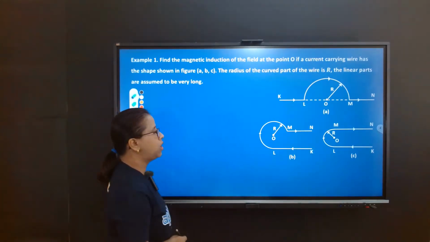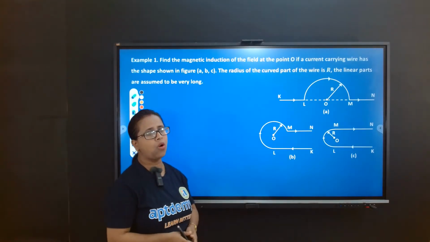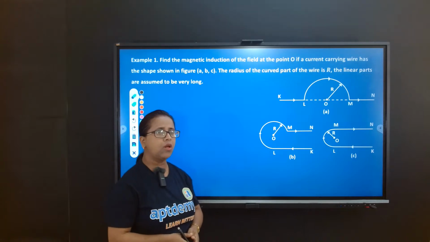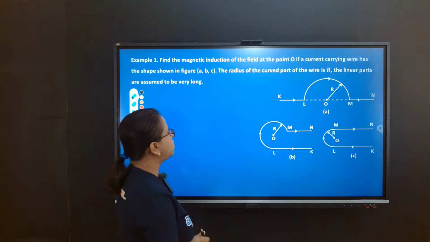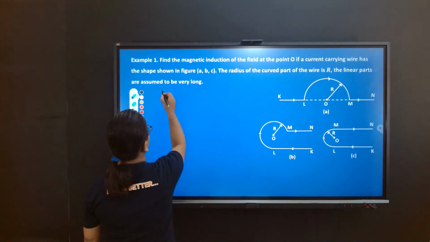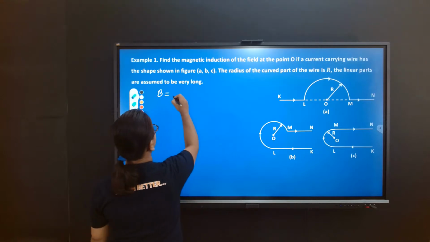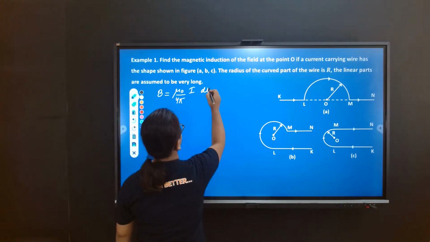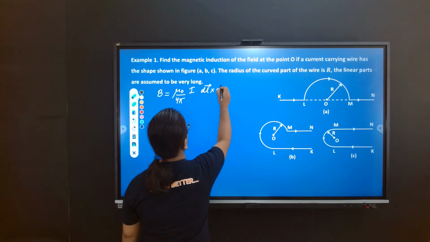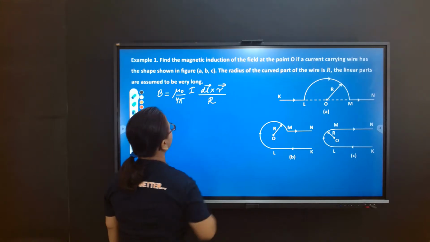Now let us first recall the Biot-Savart's law. The Biot-Savart's law basically tells us that the magnetic induction at a point due to a straight conductor is given as B equals mu naught by 4 pi, I vector dl cross vector r by r cubed.